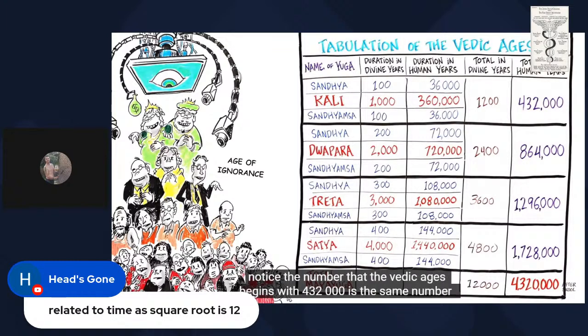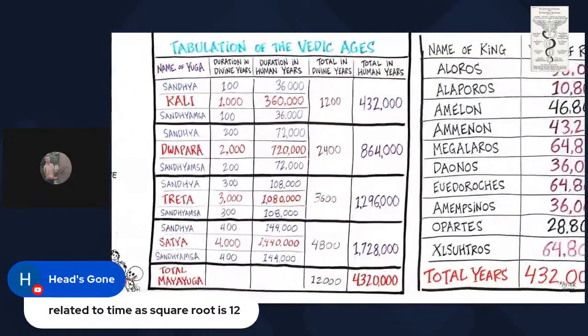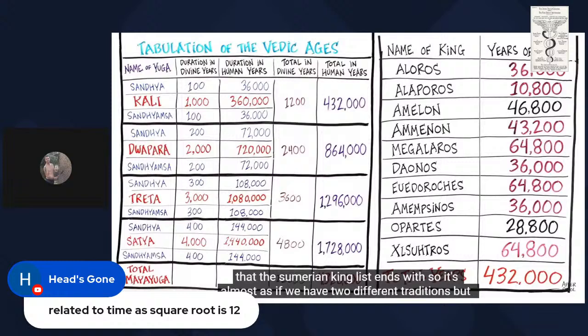But again, notice the number that the Vedic ages begin with, 432,000, is the same number that the Sumerian king list ends with. So it's almost as if we have 2 different traditions, but one system. We see that the Sumerians preserved knowledge about the subdivisions of this Yuga time of 432,000 years, and symbolized these subdivisions by the reigns of these 10 pre-Diluvian kings.